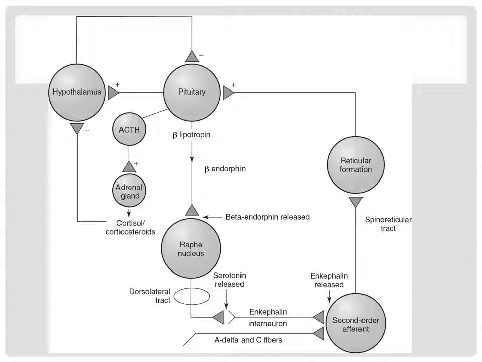So, if you go back to what was discussed in some of your previous classes and even in anatomy and physiology, the pituitary gland releases what's called adrenocorticotrophic hormone, ACTH, which stimulates the adrenal glands to release cortisol and your corticosteroids. So corticosteroids are also going to provide an analgesic effect as well.